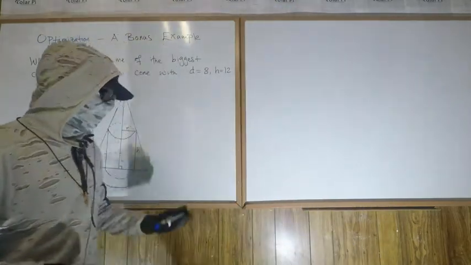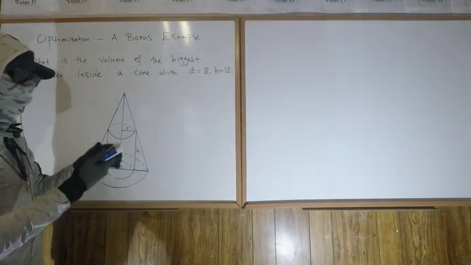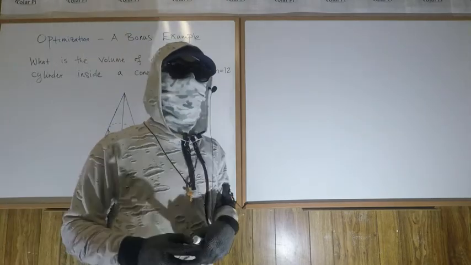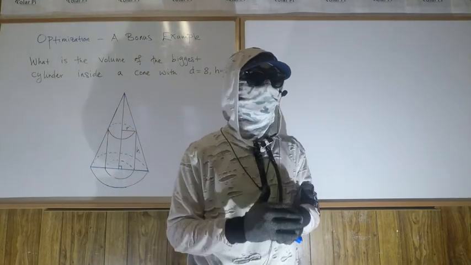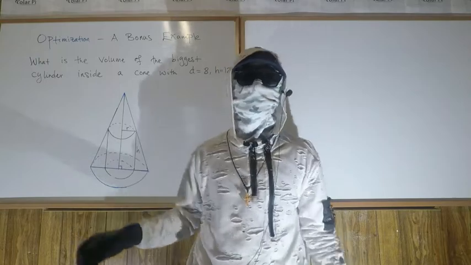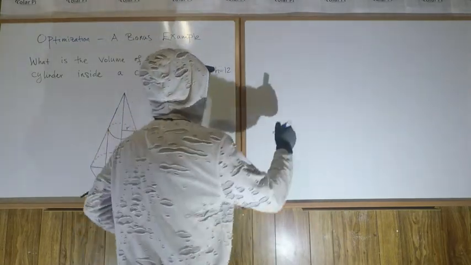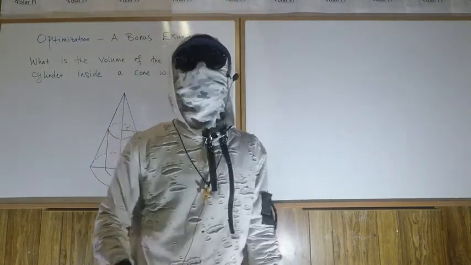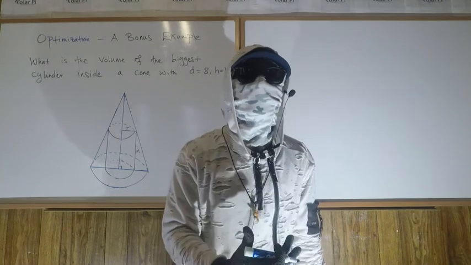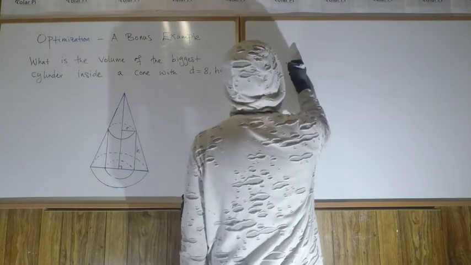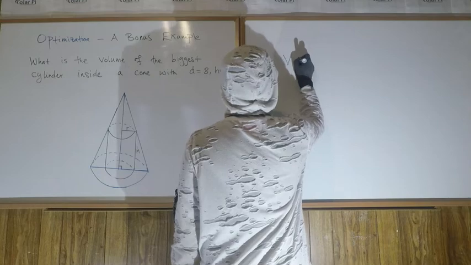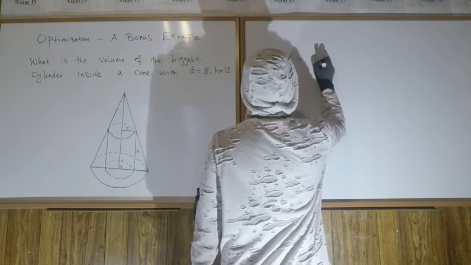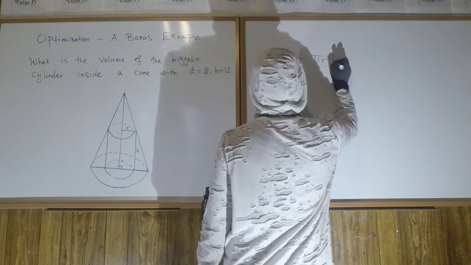Well, first, whenever you're doing an optimization question, you need to figure out what it is that you're trying to maximize or minimize. So in this case, we're trying to maximize the volume of the cone. So we're trying to maximize the volume of the cylinder. I misspoke. All right, so the volume of a cylinder is given by the base area, which is pi r squared, times height.